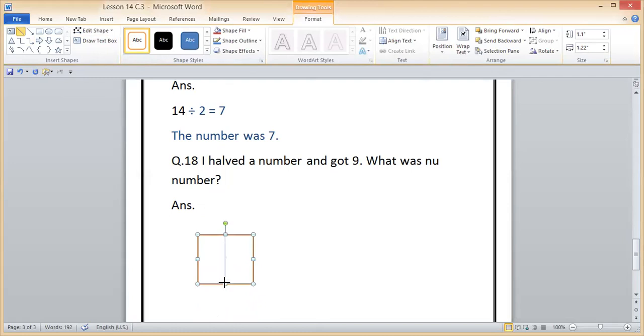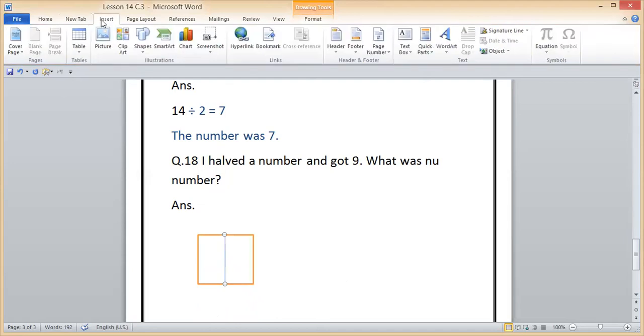This is the half of it. So you divide it into 2 equal parts. Half means divide by 2. Do you understand? So in order to find the half of any number, you divide by 2. Right? And when you have to find the double, you multiply it by 2. Okay?